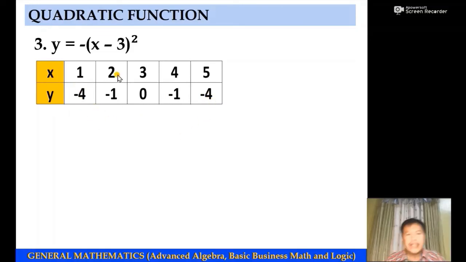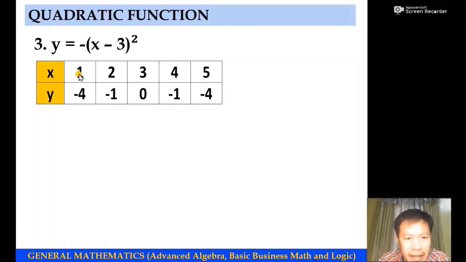Look at this one. To check, we are going to substitute x, which is 2. 2 minus 3 is equal to negative 1. Negative 1 raised to 2 means negative 1 times negative 1 is positive 1 already. Positive 1 is the result of this exponential expression, times negative 1 is negative 1.